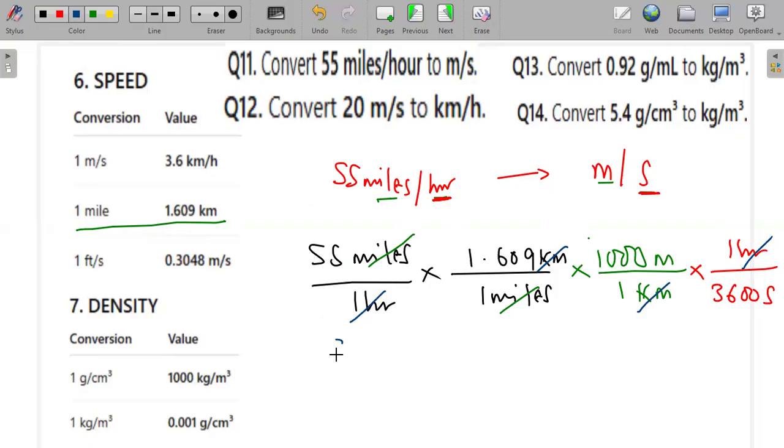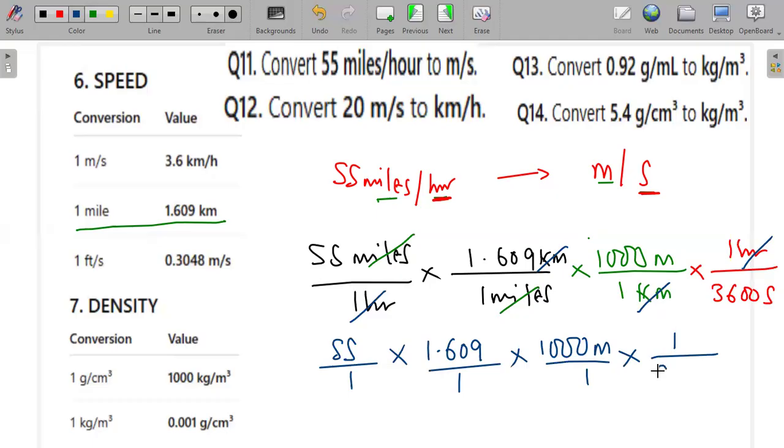So I remain with 55 over 1 multiplied by 1.609 over 1 multiplied by 1000 meters over 1 multiplied by 1 over 3600 seconds. I can multiply all this and divide, and I'm going to get my meters per second.